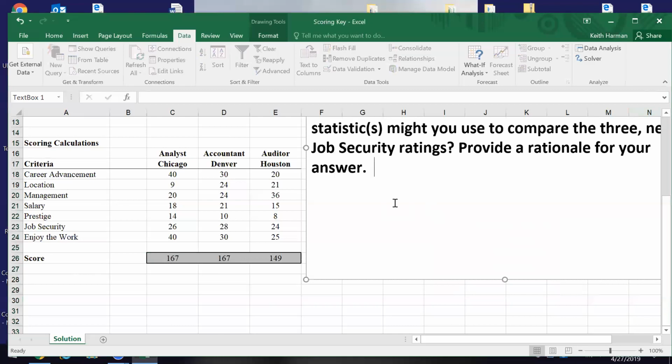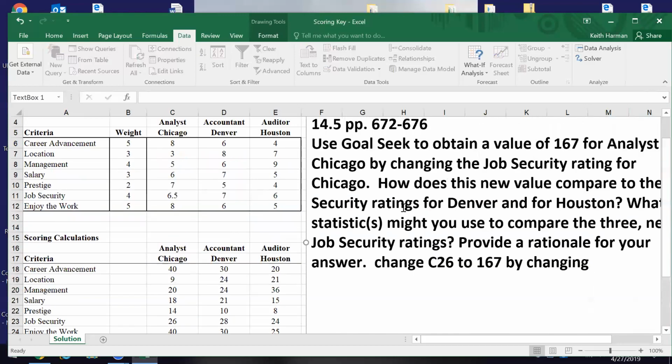So I'm going to set C26 to 167, and we're going to do that by changing job security for Chicago, which is going to be C11.